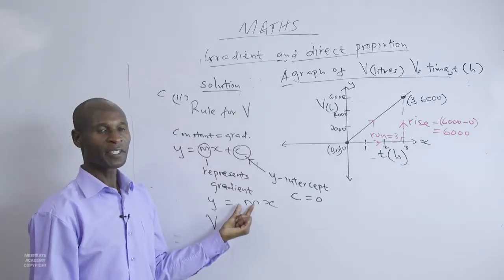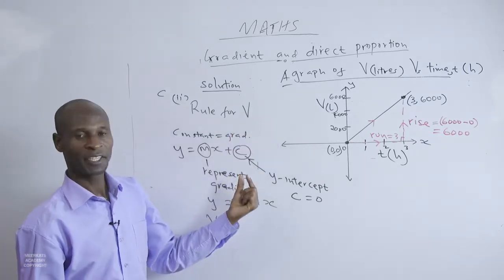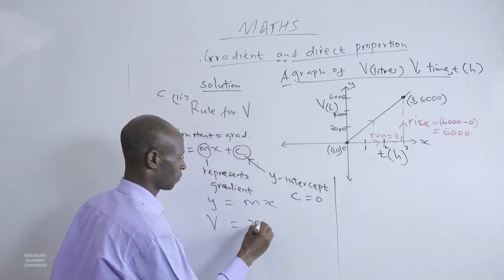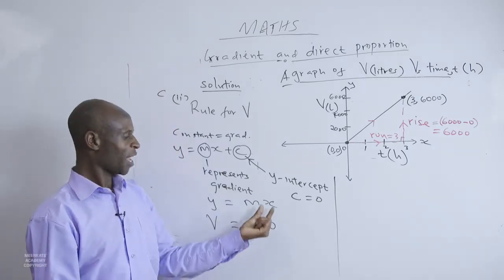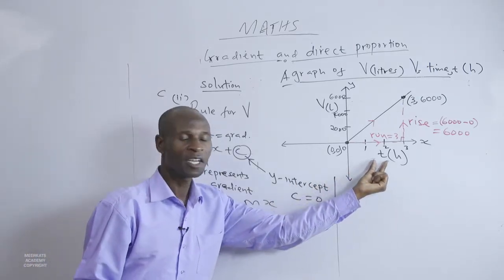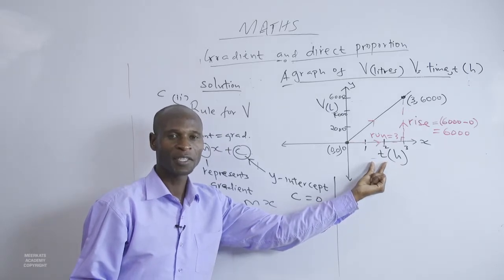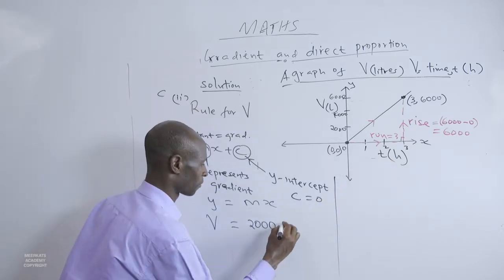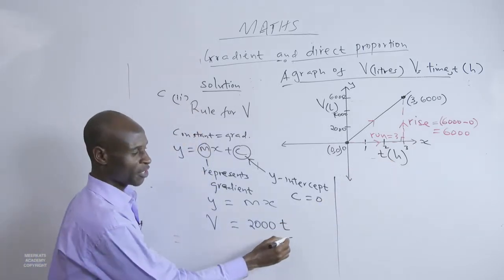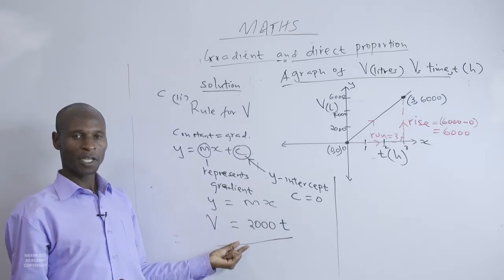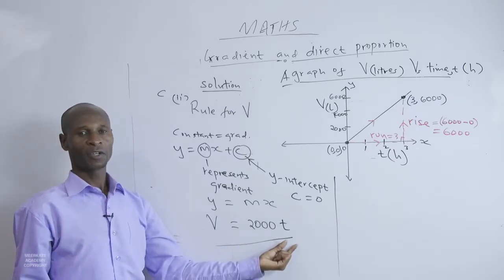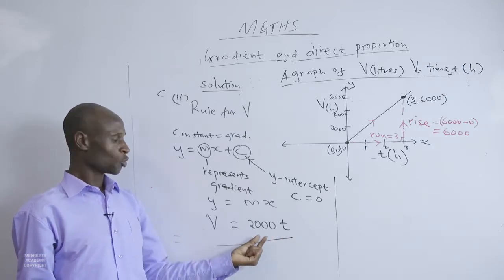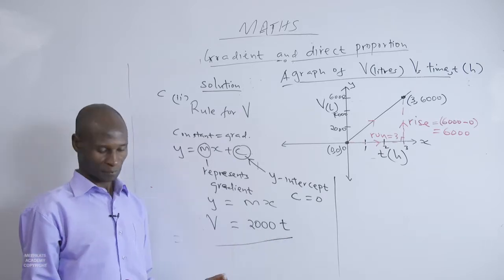M is the gradient, and we have calculated our gradient as 2000. Then x represents a quantity on the x-axis, in our case, t. And this is the final rule connecting v and t. It is read as v = 2000t.